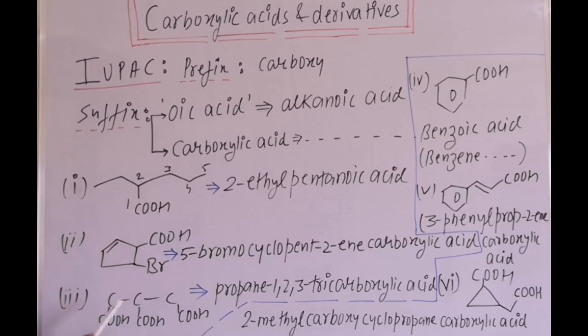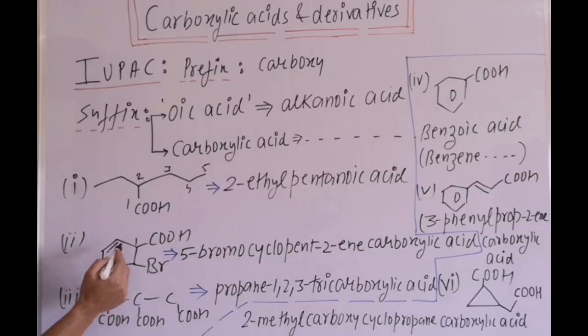Second example, in case of a ring. The carbon of the ring which is attached to the carboxylic group becomes number 1. Now there are two possibilities, either anti-clockwise or clockwise. If we go anti-clockwise, the multiple bond gets the second number. If we go clockwise, the substituent, because if you remember halogens are always treated as substituents, gets the second number.